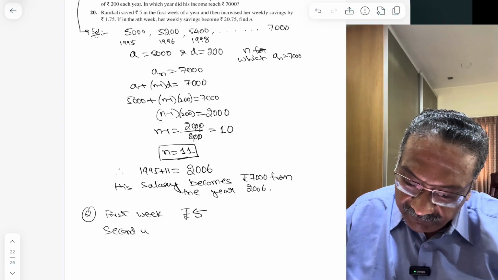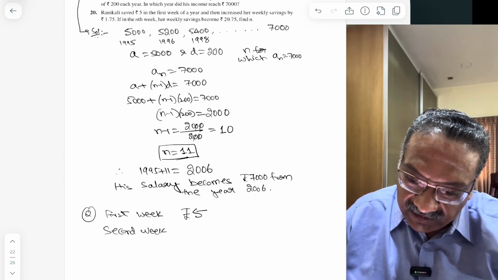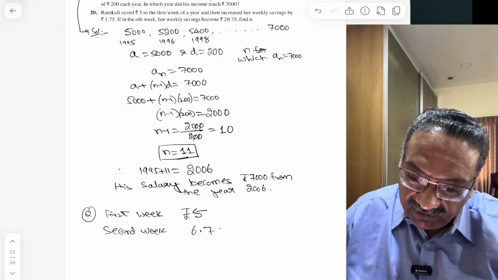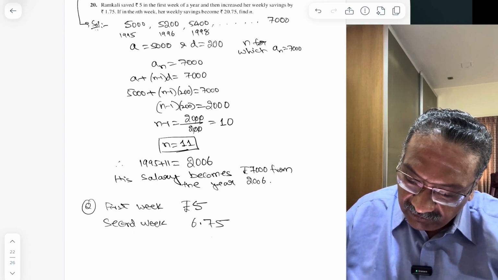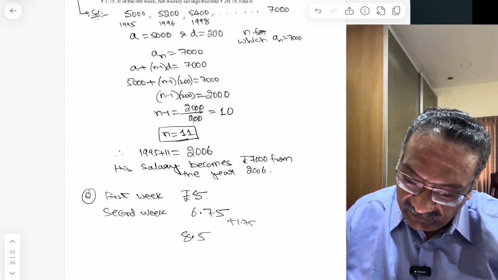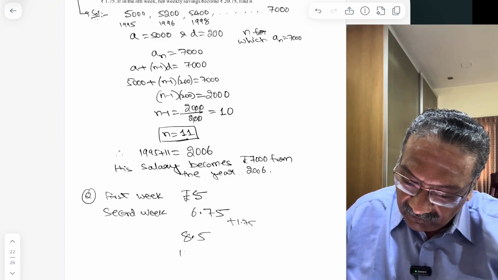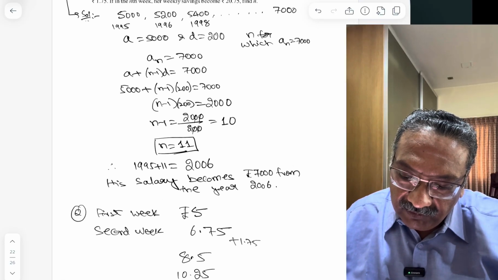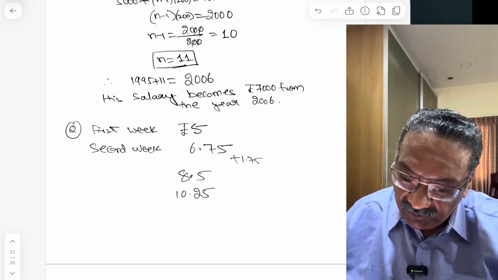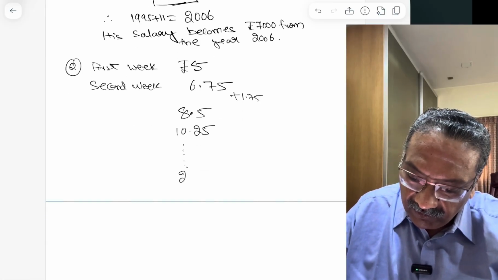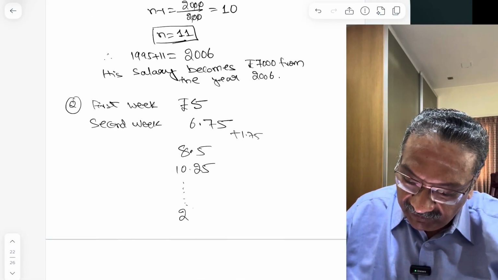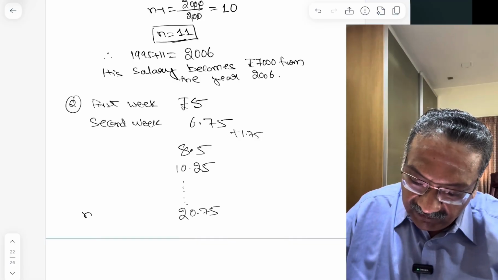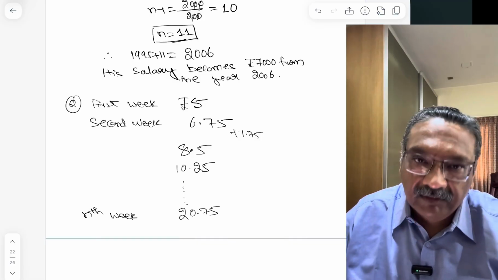It becomes plus 1.75, that is 6.75. In the third week, again plus 1.75, which happens to be 8.5. In the fourth week it becomes 10.25. Okay? So if in the nth week it becomes 20.75, in the same way, it becomes 20.75 in the nth week. So they are asking to find n.